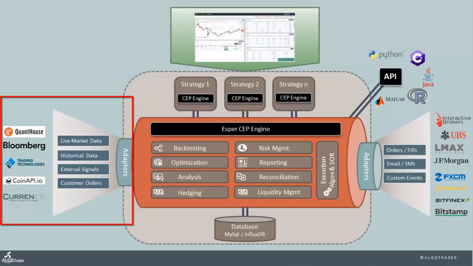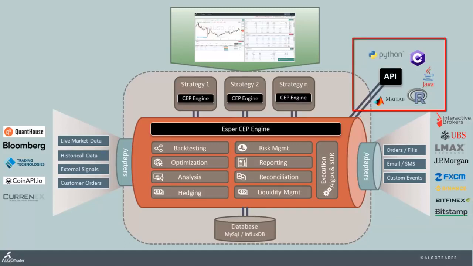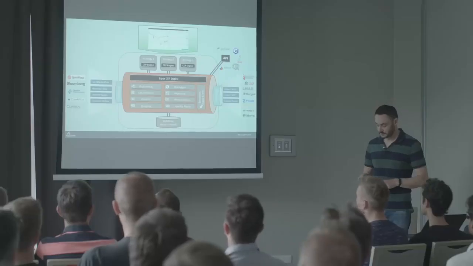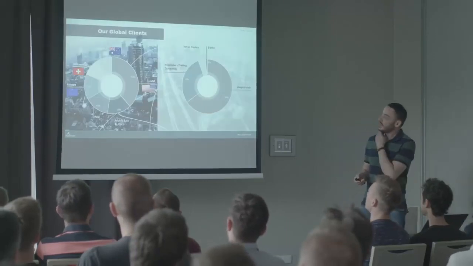Overall, we have about 30 adapters that we developed over the years. Here on the right-hand side, we have the outgoing adapters mainly for placing orders to the exchanges or to brokers. But also the system can send email and text messages and so forth. And we have a public API using REST and WebSocket. Just so that you have a bit of an idea how our system looks.